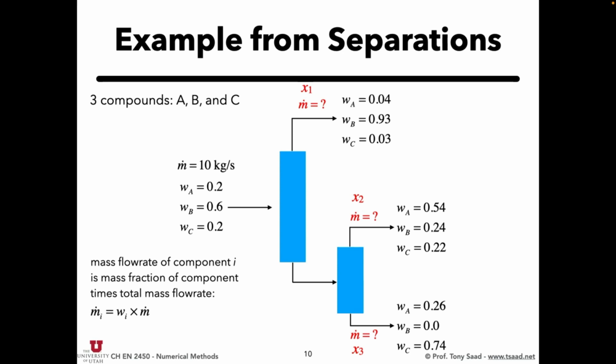So what this is saying is that 20% of these 10 kilograms per second correspond to compound A, 60% correspond to compound B, and 20% correspond to compound C. Okay, so 2 kilograms per second correspond to compound A, 6 kilograms per second correspond to compound B, and 2 kilograms per second correspond to compound C. So in other words, the mass flow rate of component I is simply the mass fraction of I times the total mass flow rate. Okay.